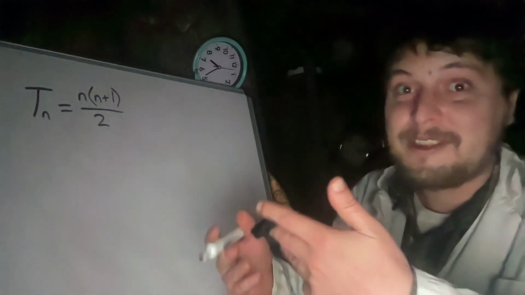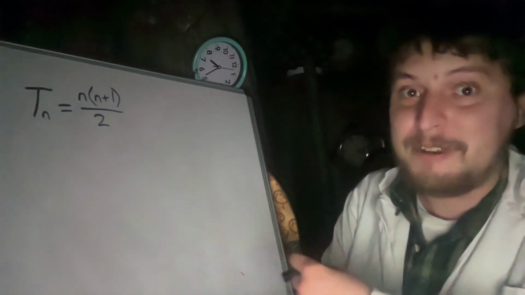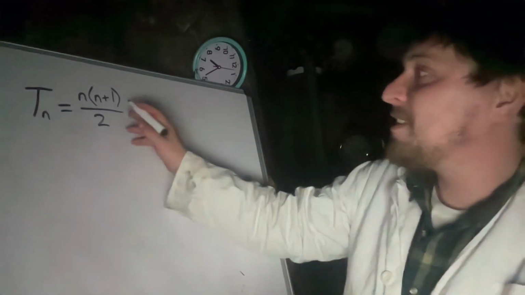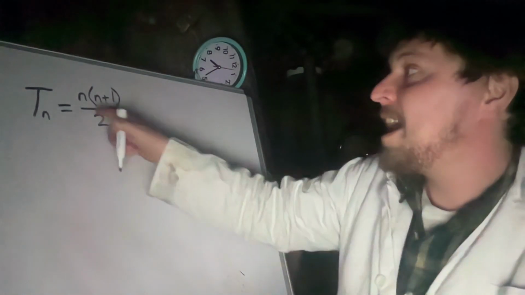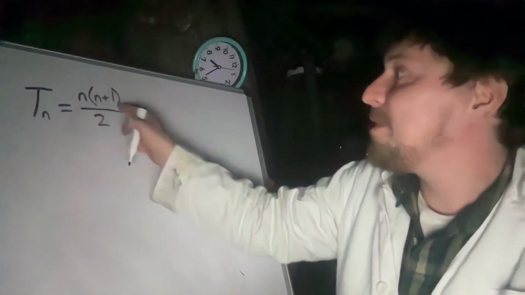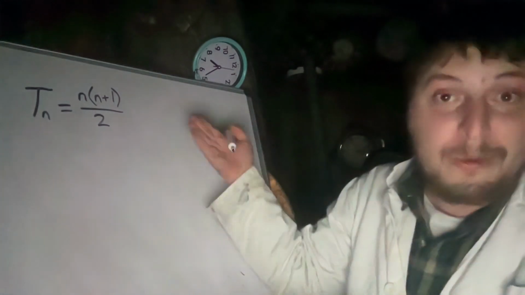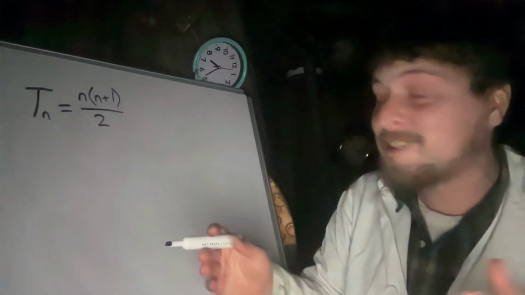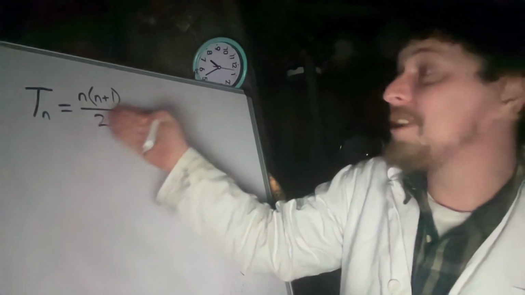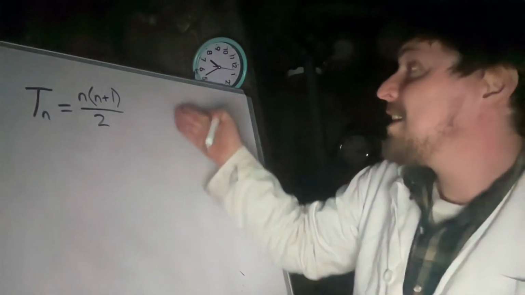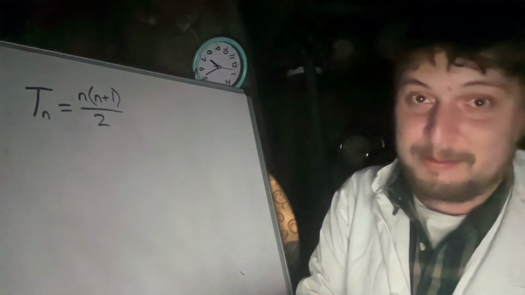And all we have to do there is know that the first triangular number is 1, which is very easy to calculate. And then plug 1 into this and see 1 times 2 all divided by 2 does equal 1. So the first triangular number equaling 1 does work for this formula.